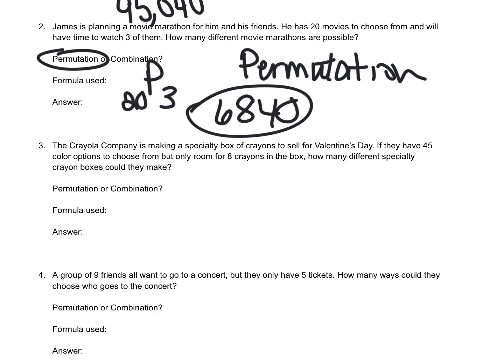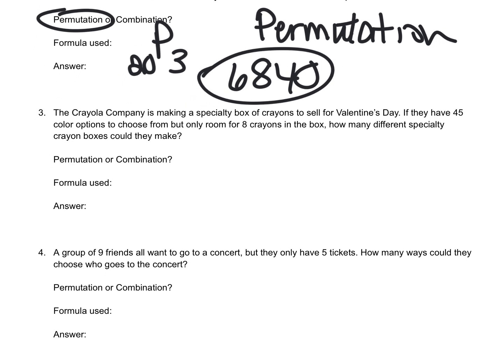Okay, now we're talking Crayola. The company is making a specialty box of crayons to sell for Valentine's Day. They have 45 color options to choose from, but only room for 8 colors. How many different specialty crayon boxes could they make? Well, the order that they pick the colors doesn't really matter, so we're going to have a combination because the order doesn't matter.